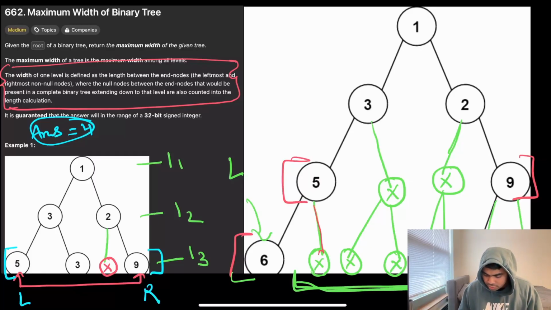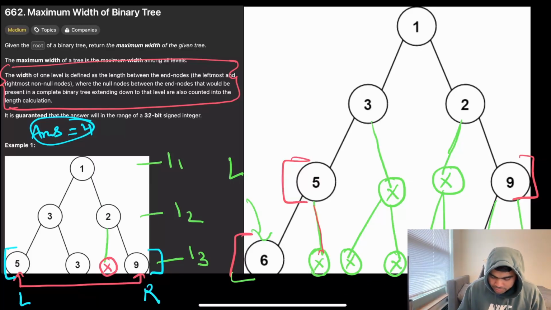However, we have to consider them while calculating the width, because if you see this level, this whole gap was left empty, and the way we have seen it in the definition, this is how we're going to calculate. So r minus l plus 1, which is basically the index of the rightmost minus the leftmost plus 1.